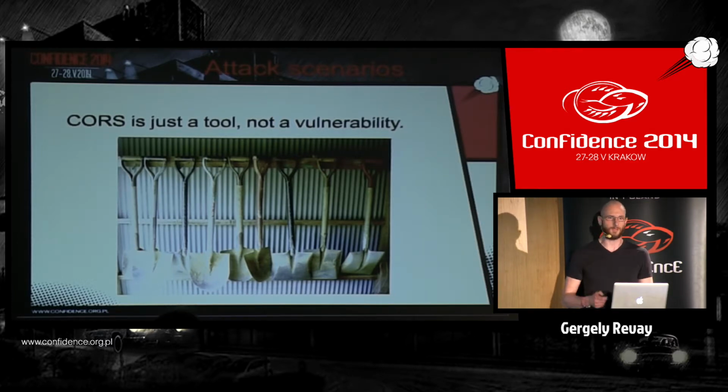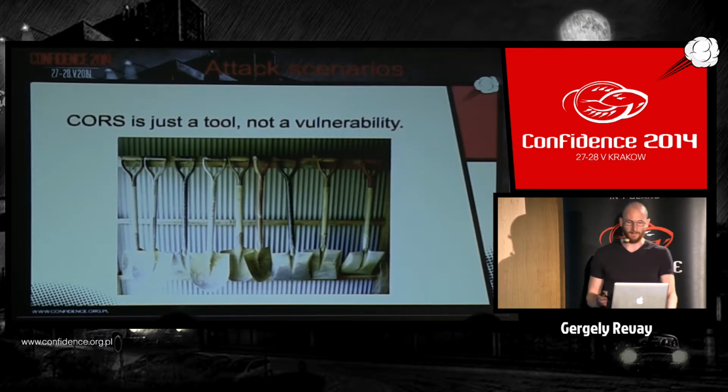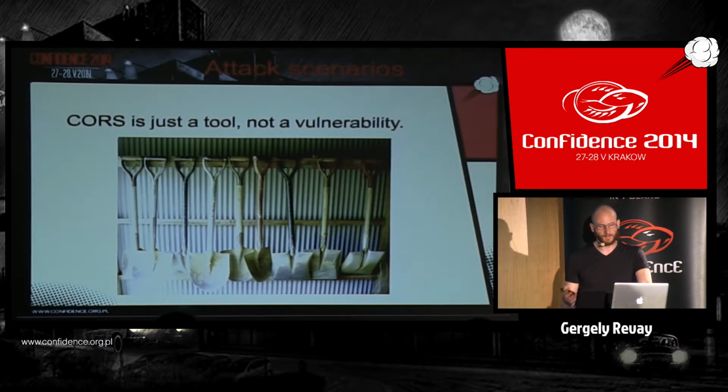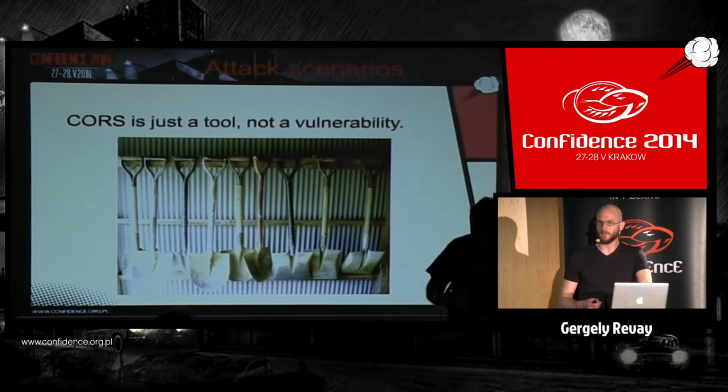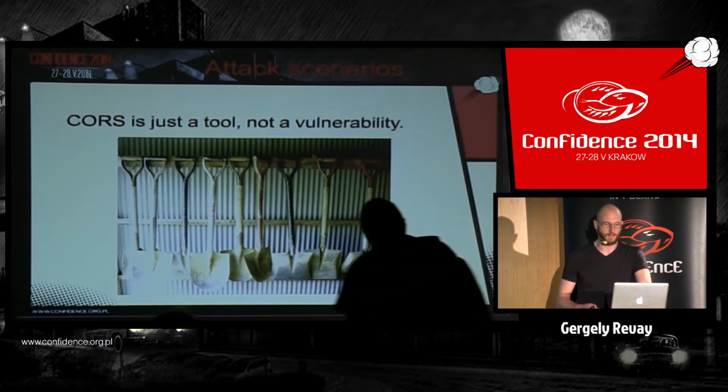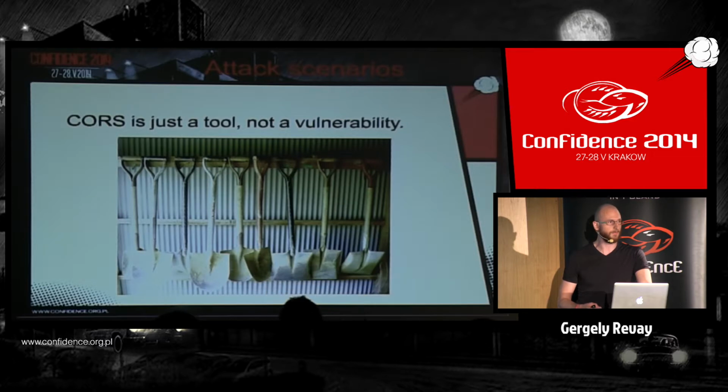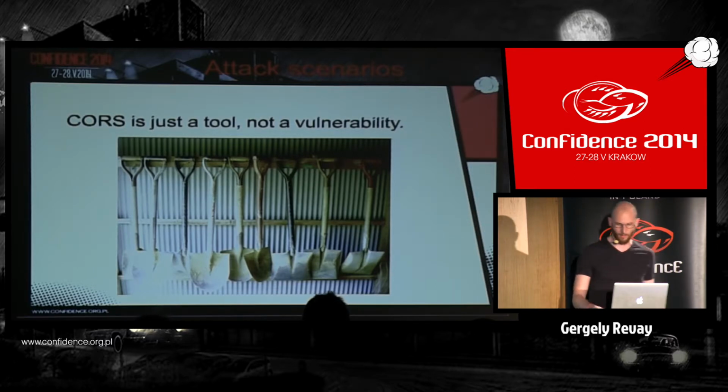It's a tool you can use in different attacks, and I think not everybody is expecting that. For me it was pretty new some time ago that such a thing exists, and it kind of breaks the same origin policy. So I think it must be new for some other people as well, and that's the point: to get to know it and then think about it when you are in a case like this.